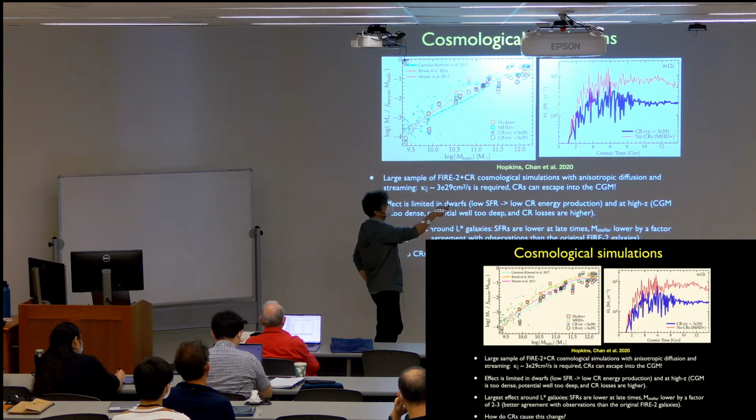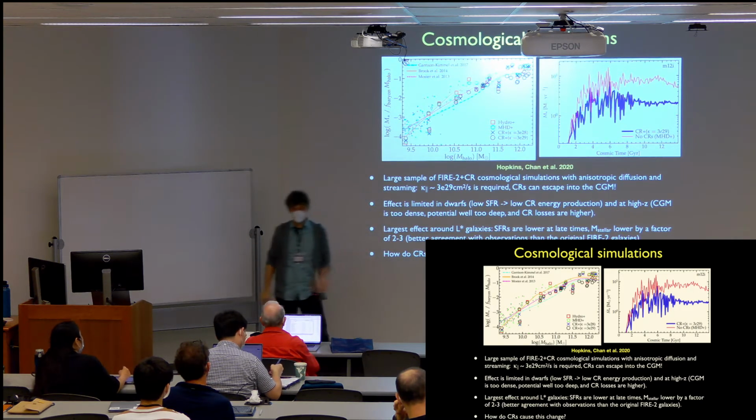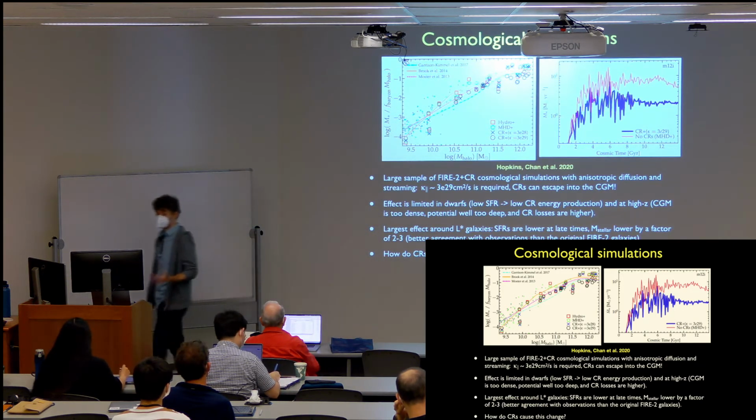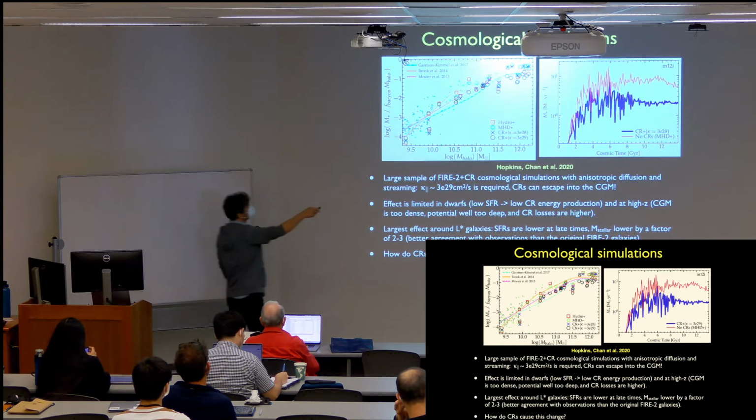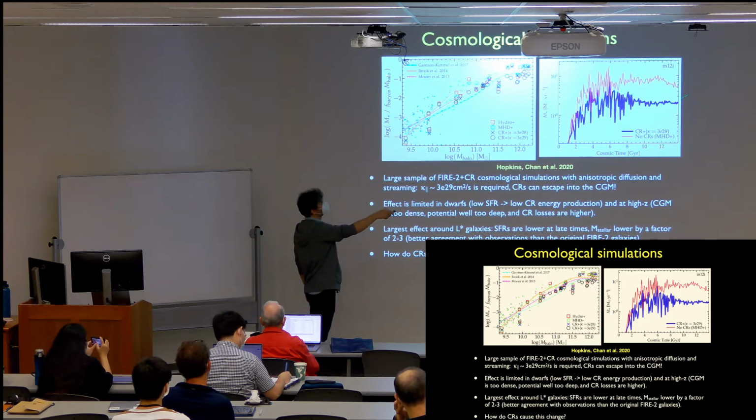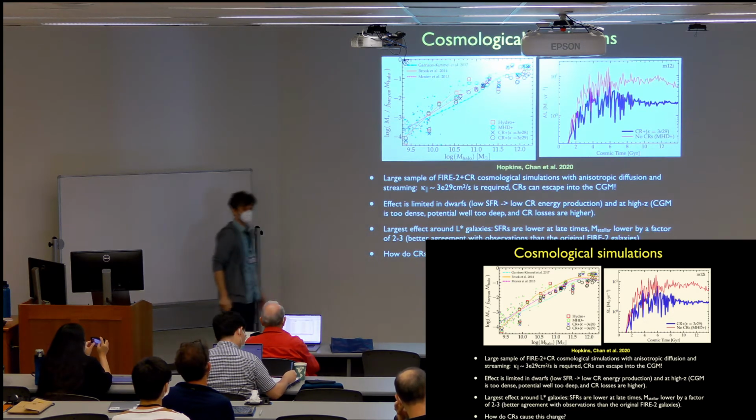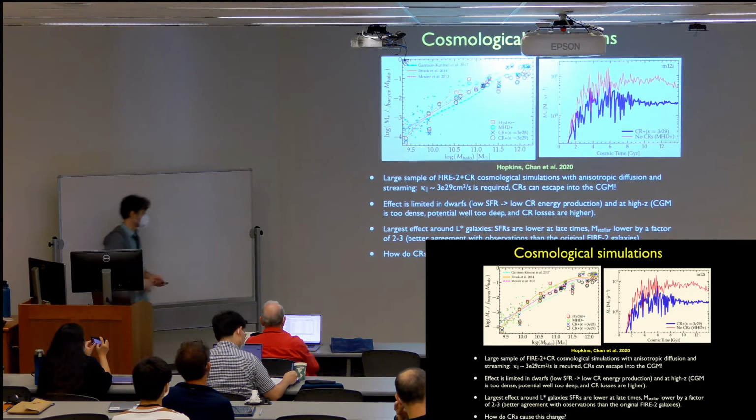So early times are not very much modified, but at late times, especially once we have hot halos, or we expect to have hot halos, they seem to be dropping by a factor of a few. All right, so we were maybe slightly above the observed stellar-halo mass relation, now we are slightly below, but let's see what the cause for this is and what they are actually doing in practice.